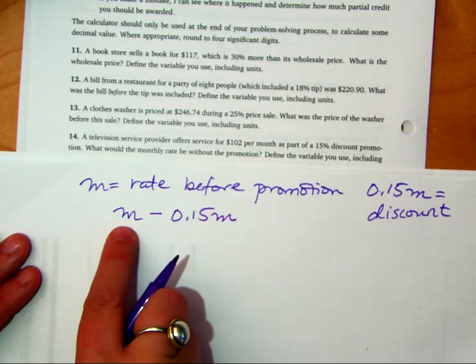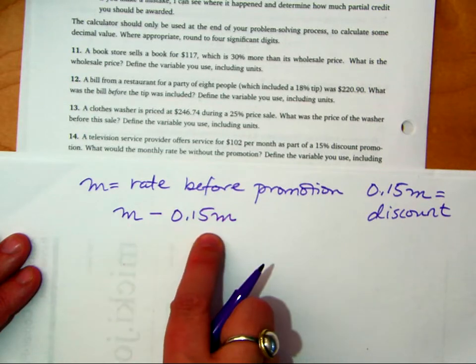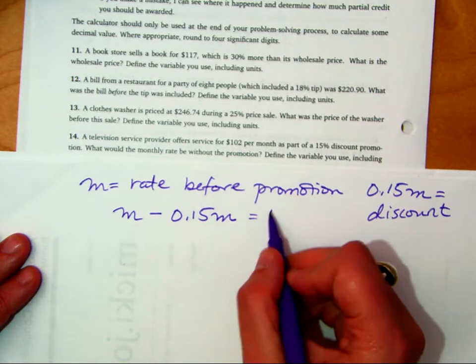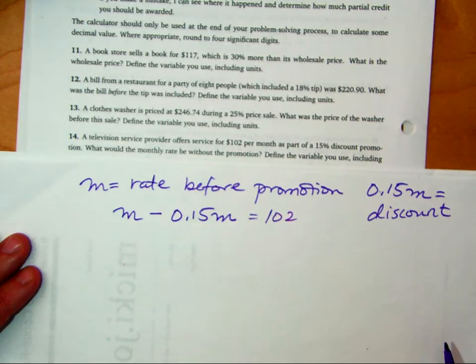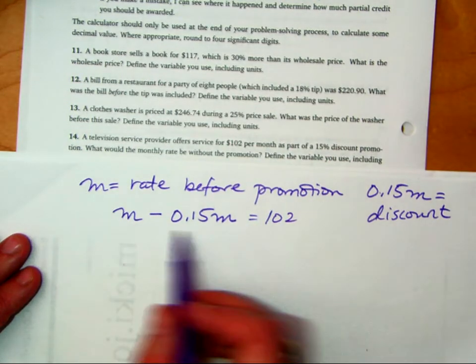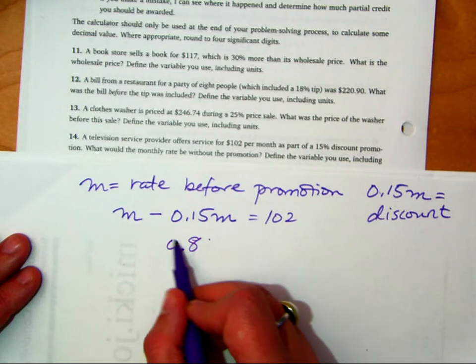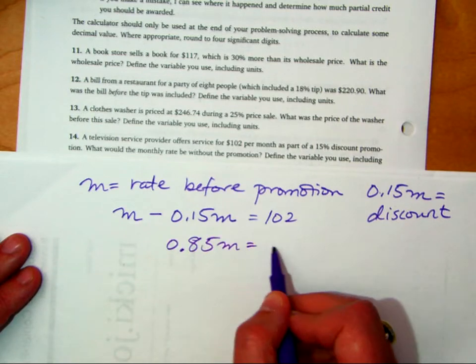Because this is the original price. Here's the discount. We're going to take off the discount and we get 102. Okay. So now what you actually paid, if you were to simplify, you have 0.85 M equals the 102.